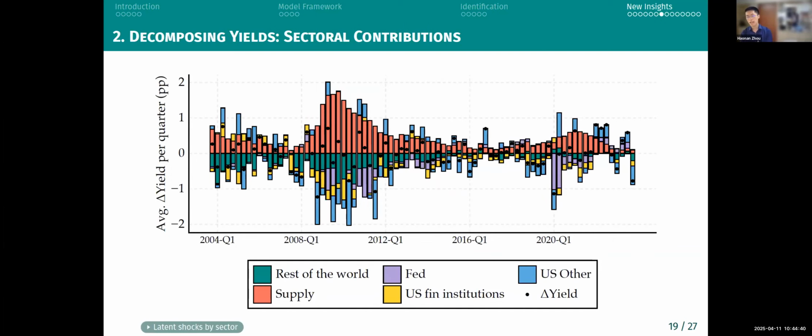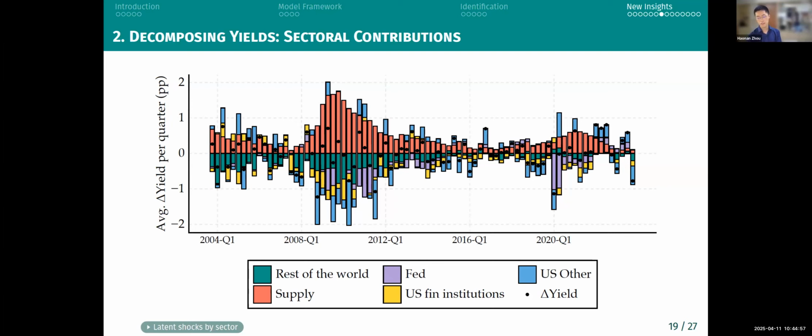Another thing that we can do utilizing our equilibrium framework is a quarter-by-quarter decomposition of the contribution of different types of investors to the compression or the amplification of treasury yield gaps. All right.